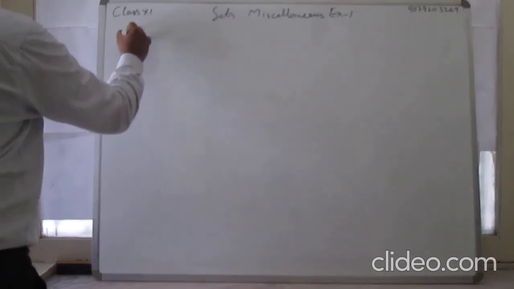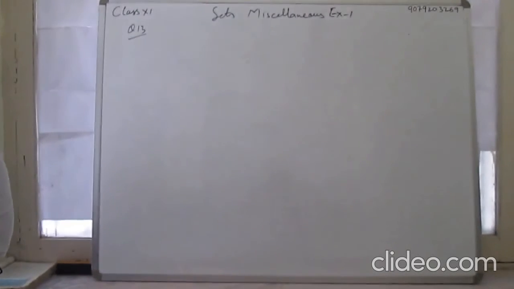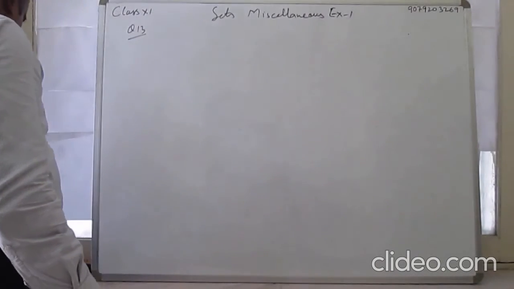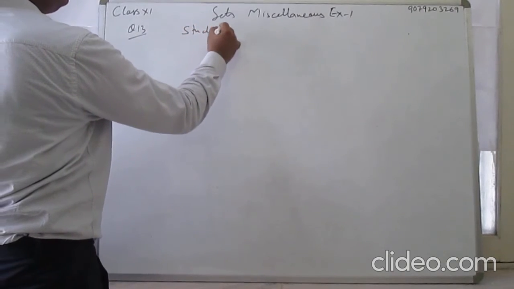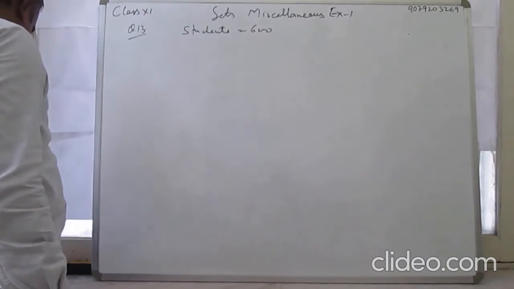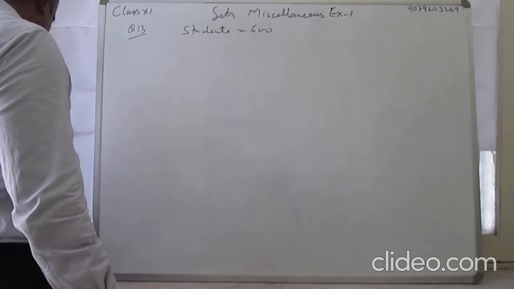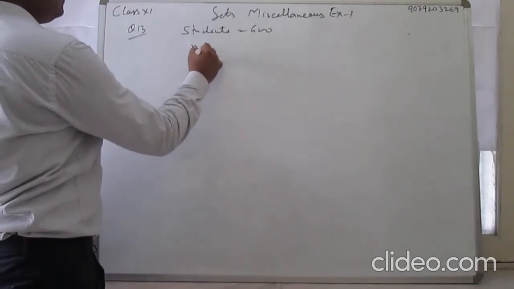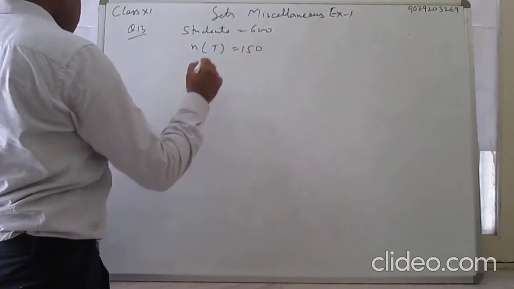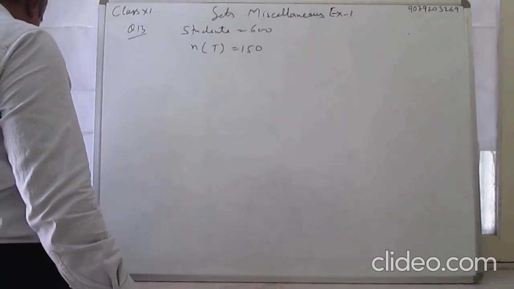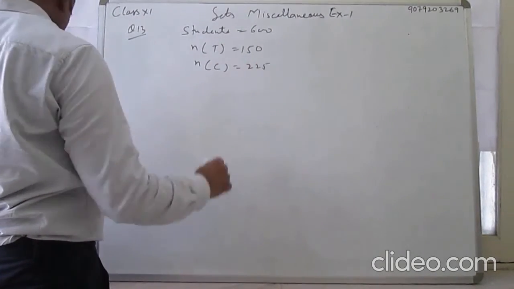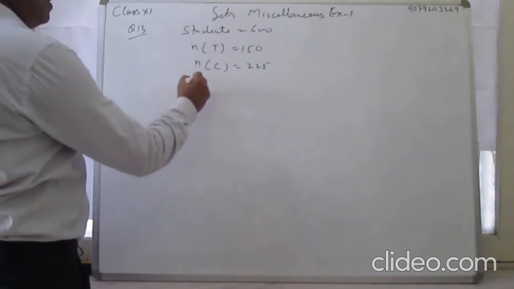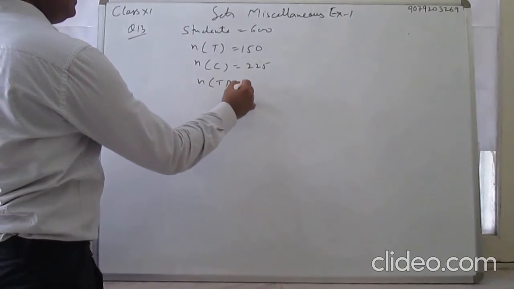Question number 13. In a survey of 600 students in a school, 150 were found to be taking tea, 225 taking coffee and 100 were taking both tea and coffee.